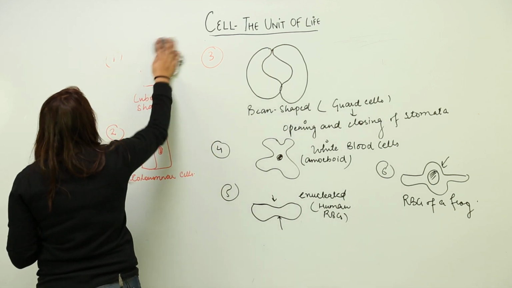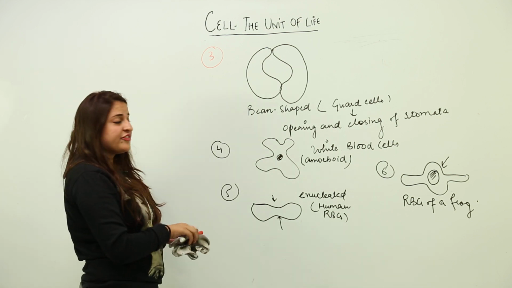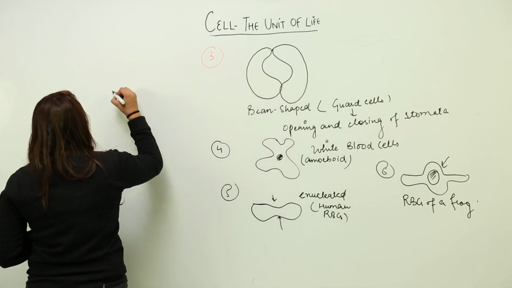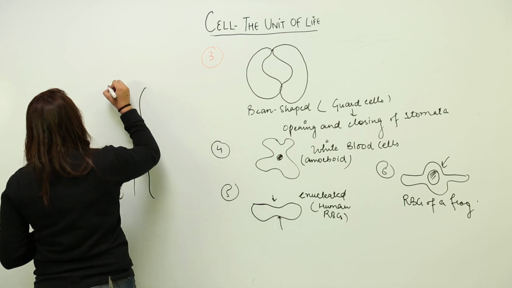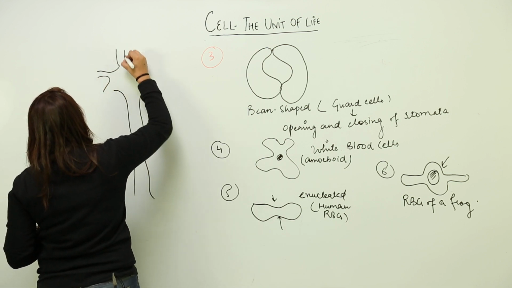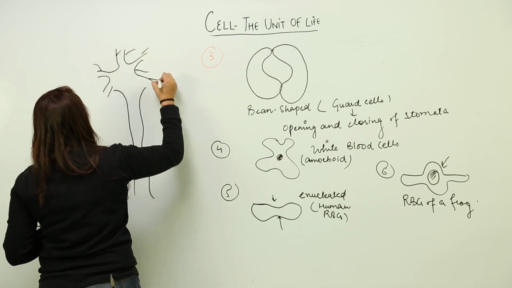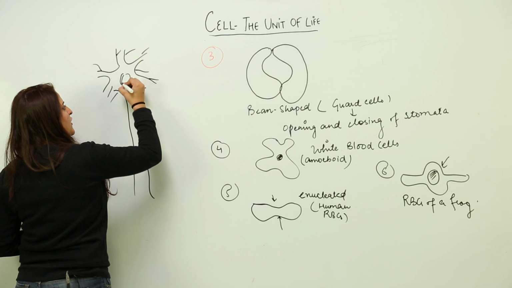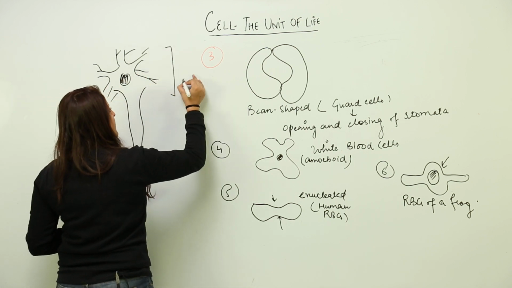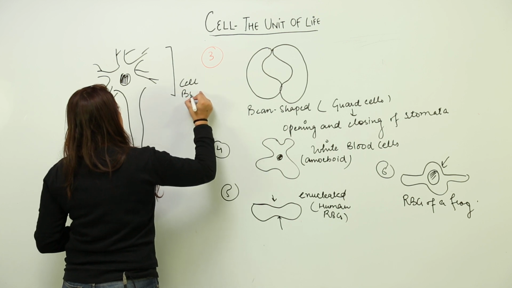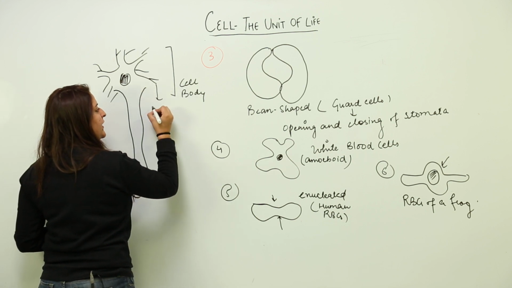Few other shapes of cells are like neurons. Neurons have a different structure. Neurons are present in the brain. This is the nucleus of a neuron, and this whole is known as its cell body, and this cell body consists of the nucleus, and these are the dendrites.